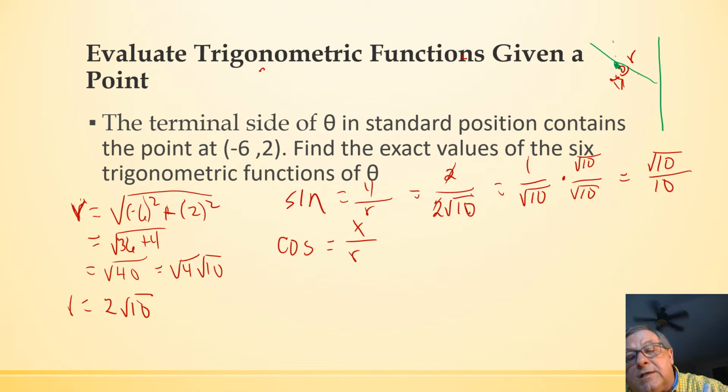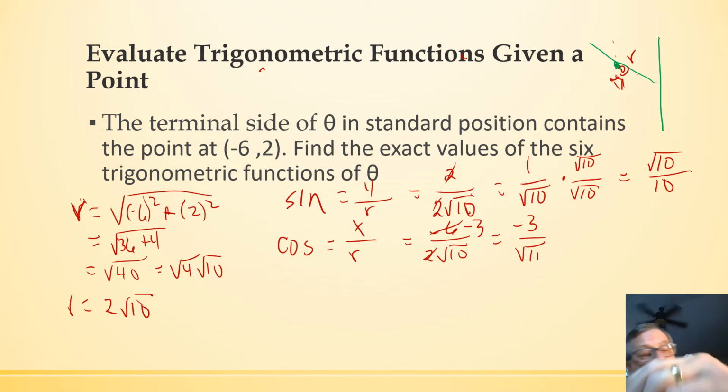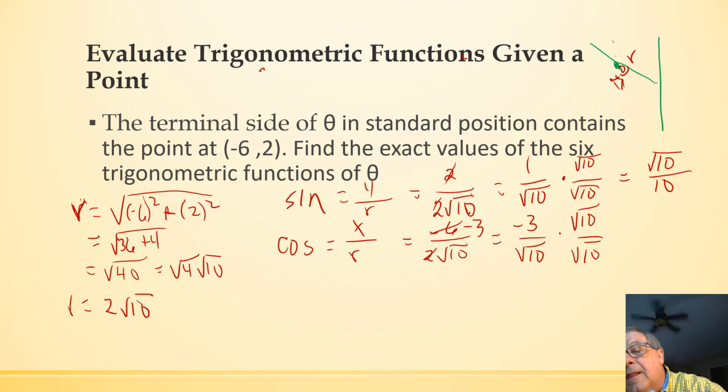Our cosine is going to be the x-coordinate over the radius. And the x-coordinate is negative 6. So we've got negative 6 over 2 square root of 10. Well, that can simplify to negative 3 over square root of 10. And again, we're going to rationalize this by multiplying it by the square root of 10 over the square root of 10. And that's now going to be negative 3 square root of 10 over 10.